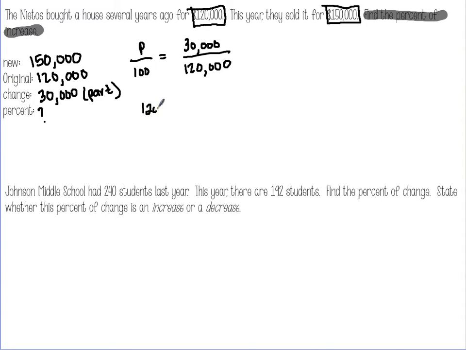I get 120,000 times P is equal to what's going to end up being 3 million, because 100 times 30,000 is 3 million. I divide both sides by 120,000. Make life a little bit easier on yourself. Every zero on bottom cancels out a zero on top.